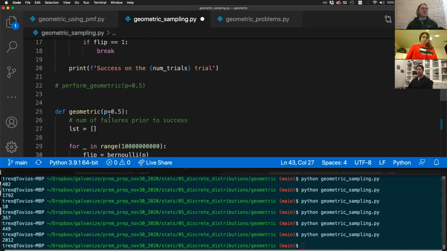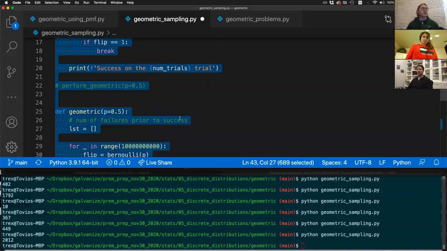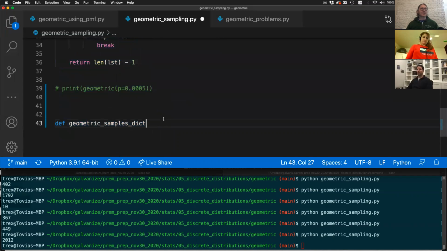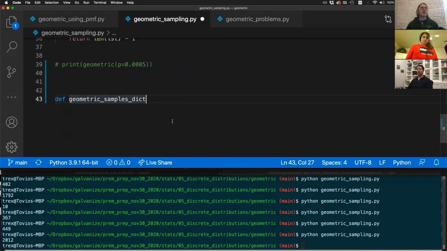You have these functions above, and maybe I'll copy and paste these into the Slack just in case you're not grabbing this from the GitHub repo. So geometric samples dictionary, and let's do probability of 0.05 by default, and number of samples gets 10,000.